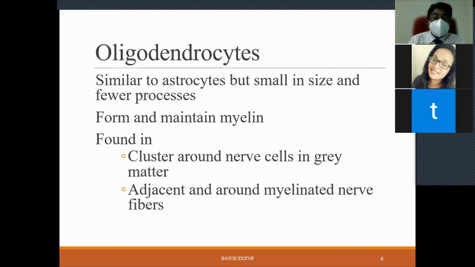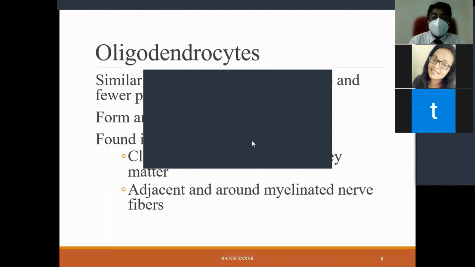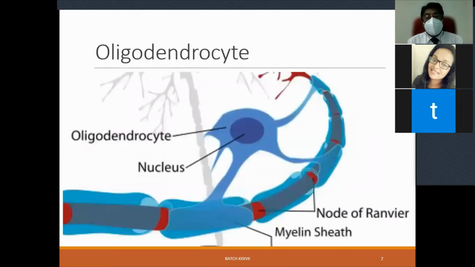Then oligodendrocytes are found in clusters around nerve cells in gray matter, and also adjacent and around the myelinated nerve fibers. So here is a diagram of oligodendrocytes.